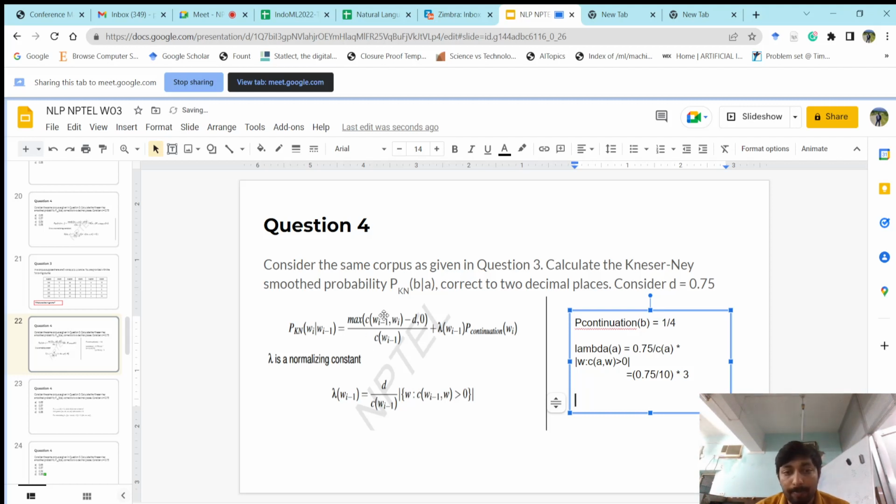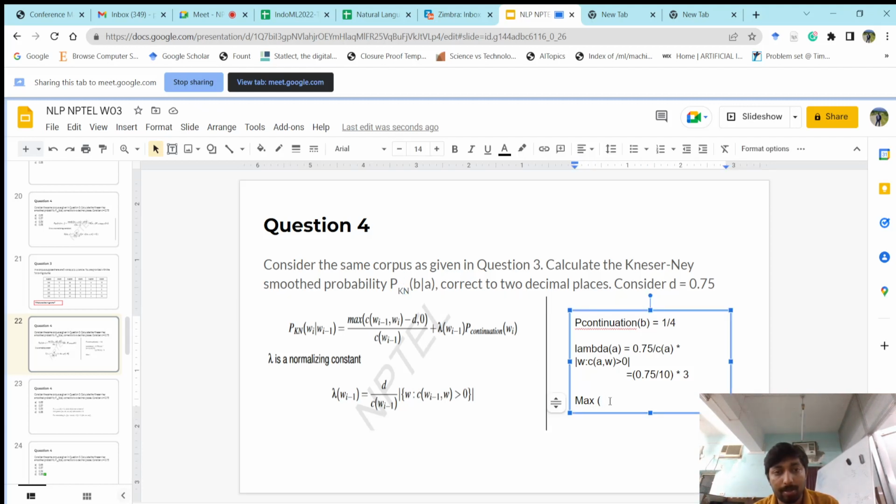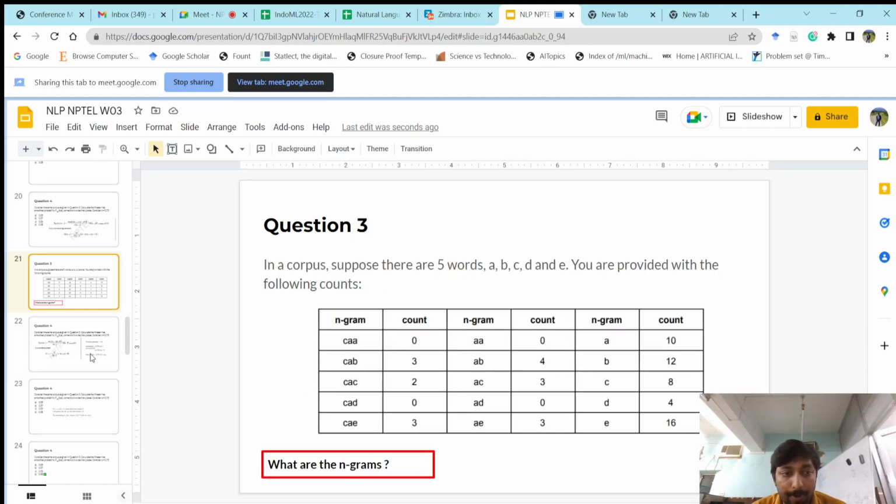Finally, you have to find this one, the P of W_i given W_{i-1}, that is B given A, minus D, divided by C of A. What is C of A? 4.